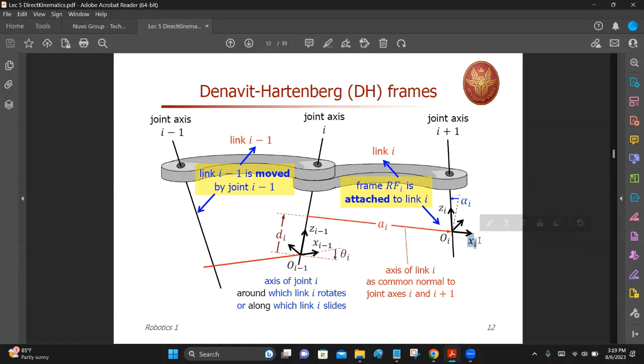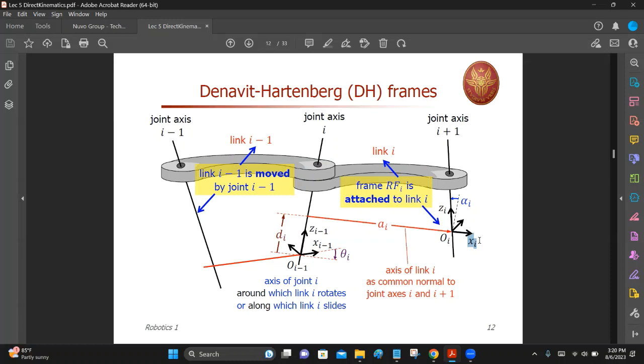The latter two motions are with respect to xi. In fact, I don't want to call them motions because there's no motion there. It is the length of the link and the twist of the link. But if you imagine this as a motion, you can see the motion along xi, rotation along xi.